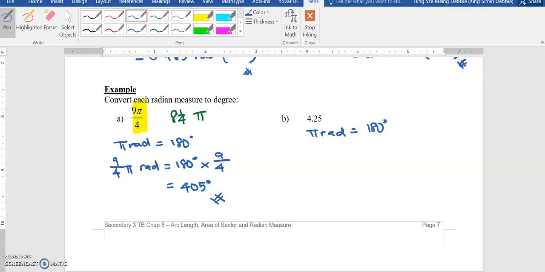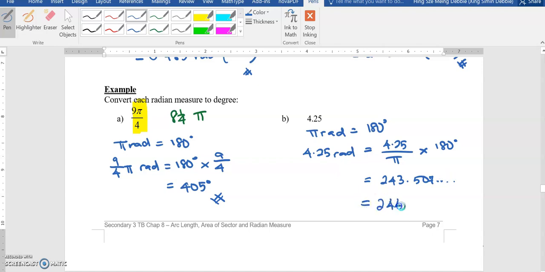So if pi radians is 180 degrees, 4.25 radians, when converted, will be 4.25 divided by pi times 180 degrees, and that will give me 243.507 and so on. In 3 significant figures, I will get 244 degrees. Yes, more than 180 degrees in fact.